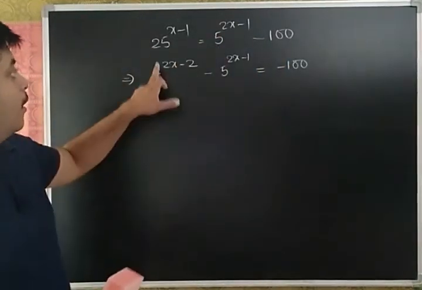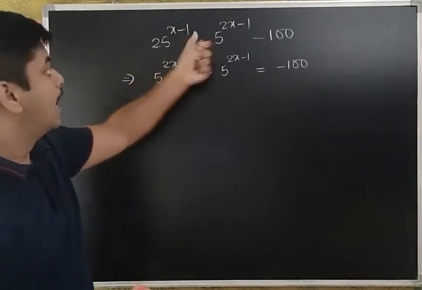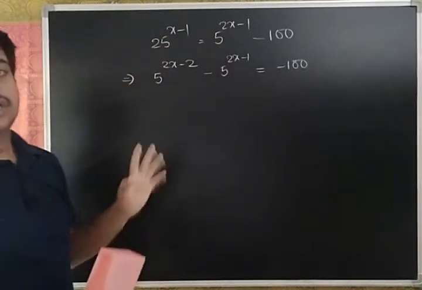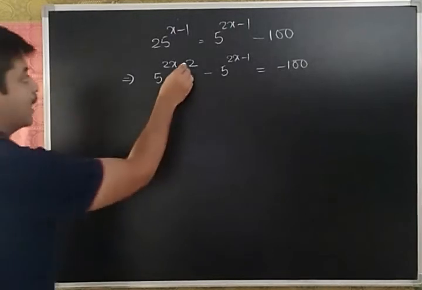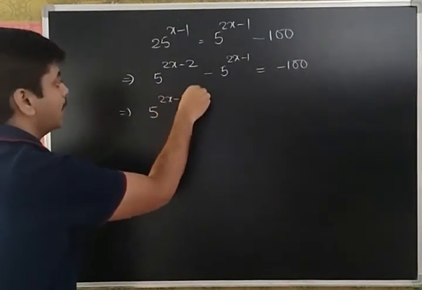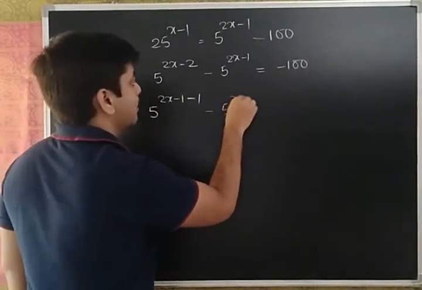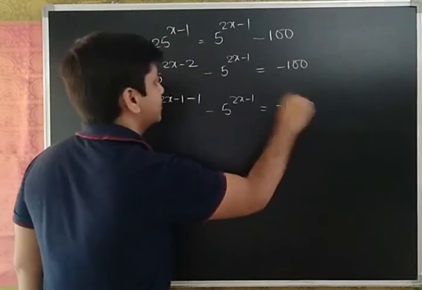Understood? 25 I am writing as 5 square, so 5 power 2x minus 2, and this 5 I am bringing here. So see what I will do here. I will write this one as 5 power 2x minus 1 minus 1 minus 5 power 2x minus 1 is equal to minus 100.